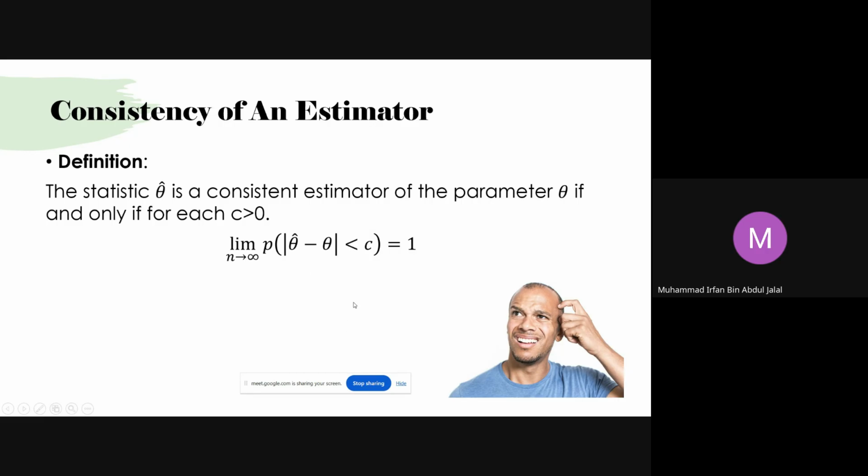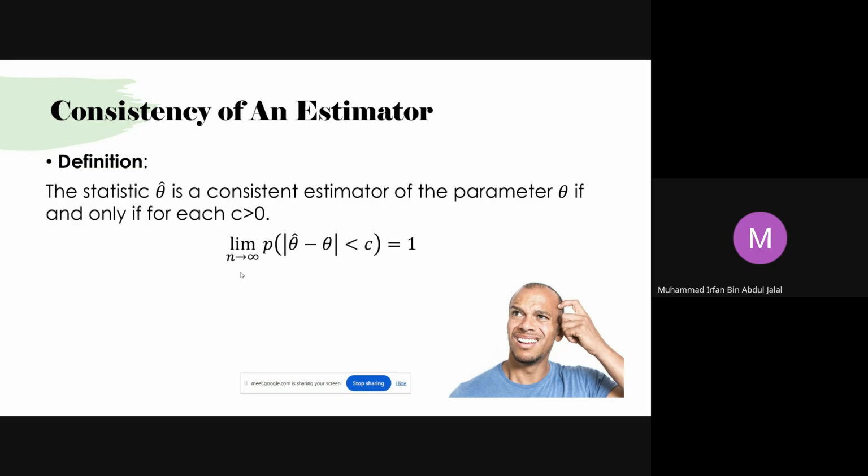and then the estimator can be considered as a consistent estimator. The difference between the unbiased property and the consistency property of an estimator: now we are talking about the sample size, the behavior of the estimator as the sample size increases or grows and approaches infinity, as the sample size grows very, very large. Before this, we never talked about the sample size. Before this, I always said that, okay, n equals 100, n equals 100, n equals 100.